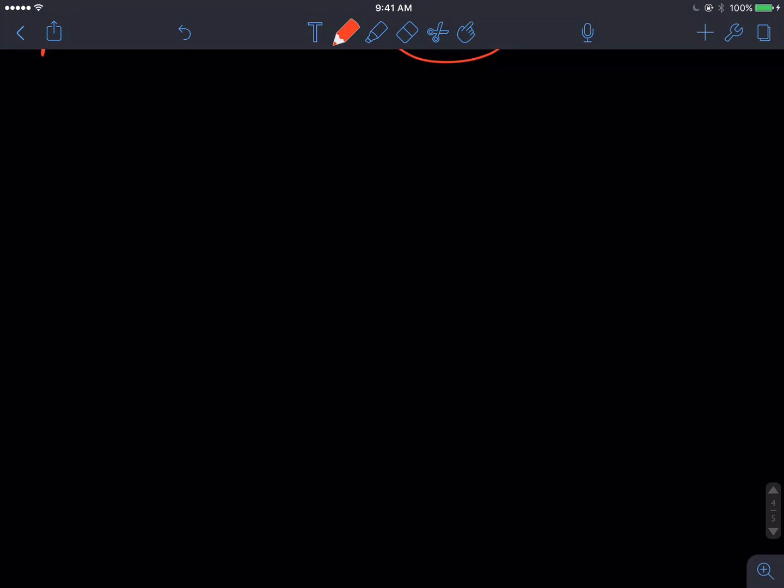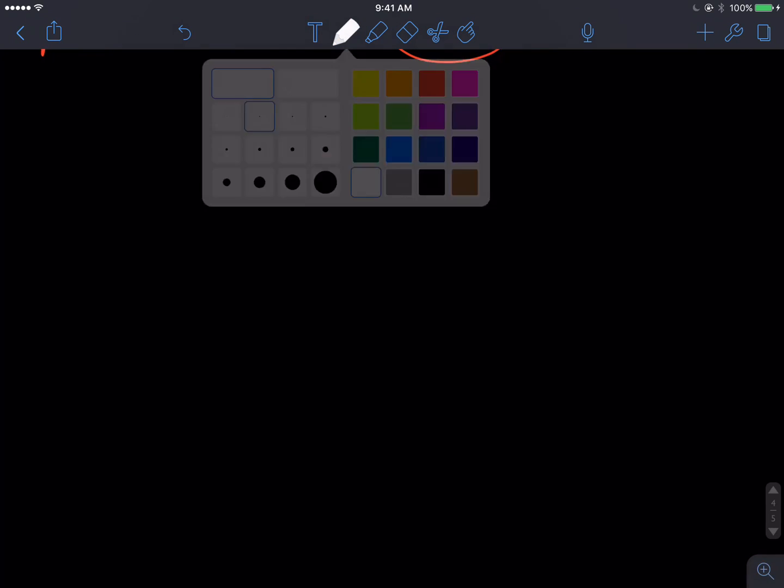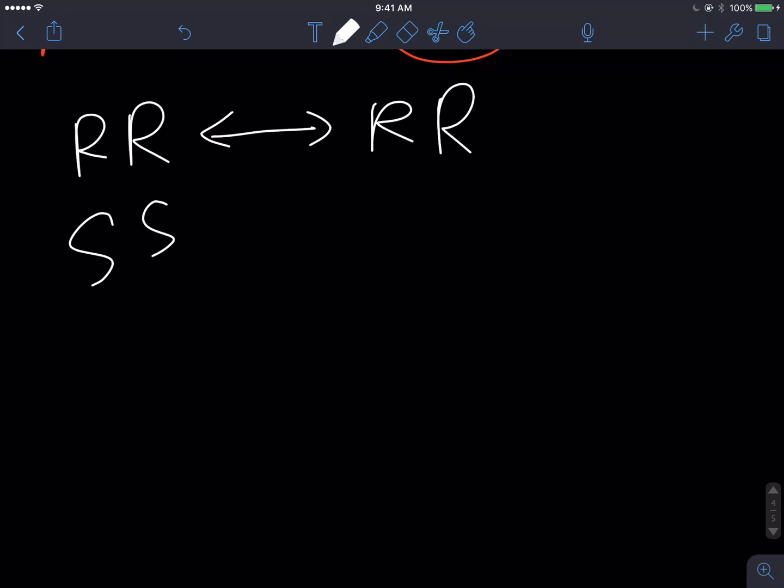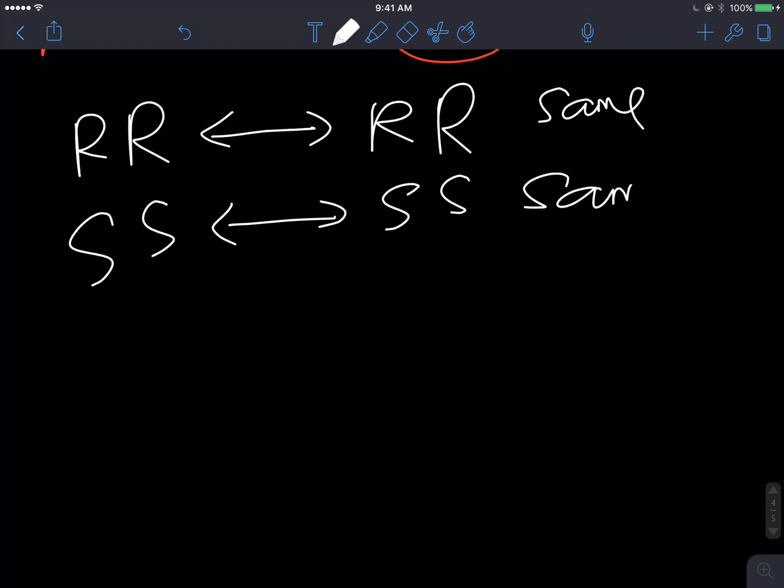Now we go to enantiomer and diastereomer. Again, when you compare RR to RR, it is the same. SS to SS is the same.